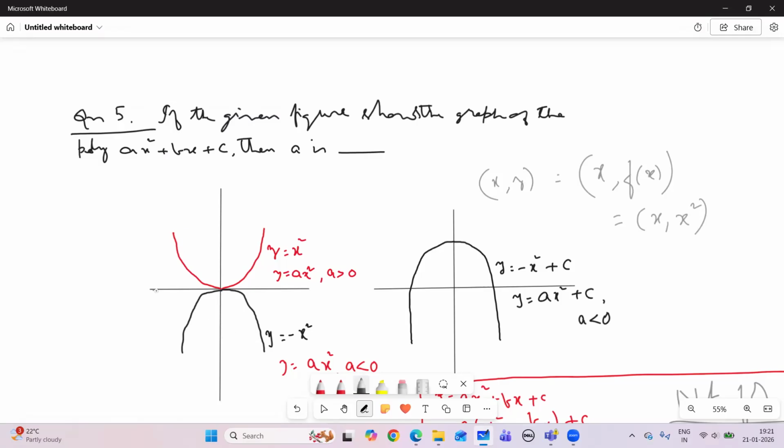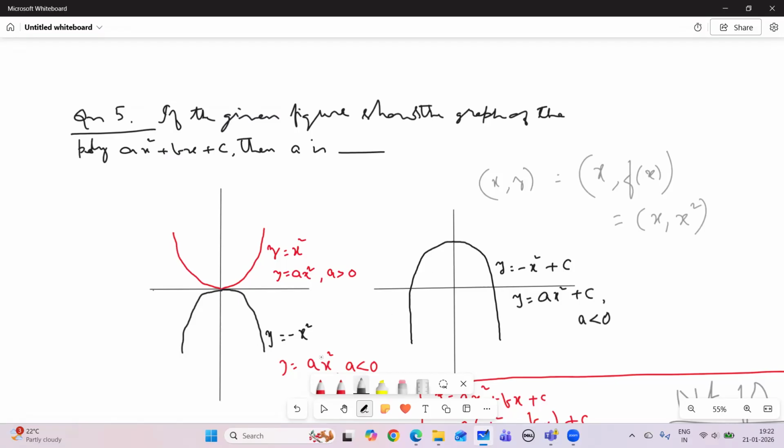In fact, if you treat the x-axis as a mirror, and treat the graph of y equal to x square as the object, y equal to minus x square becomes the image of it. That is how the graph of y equal to minus x square will be in this reverse u, this tilted u.